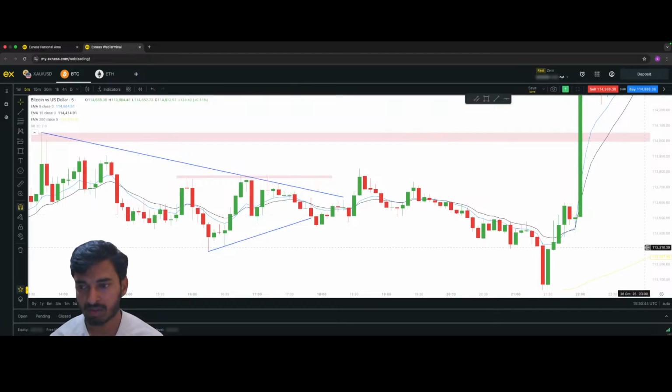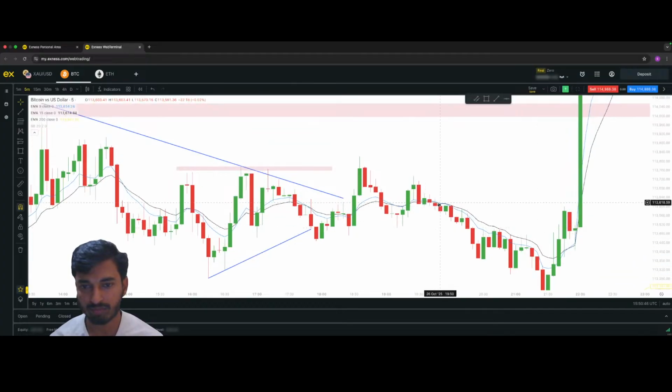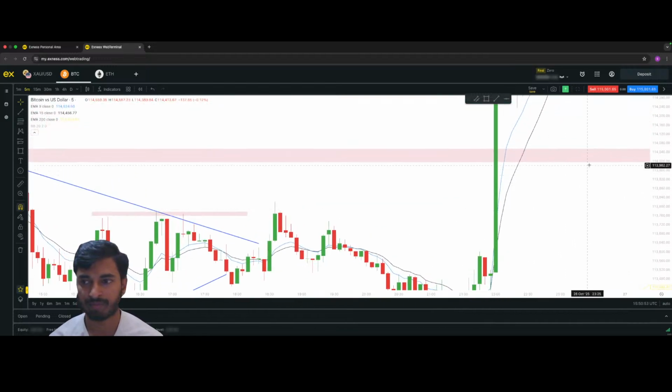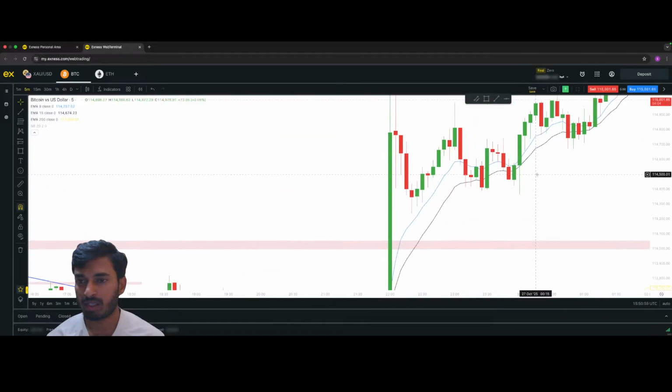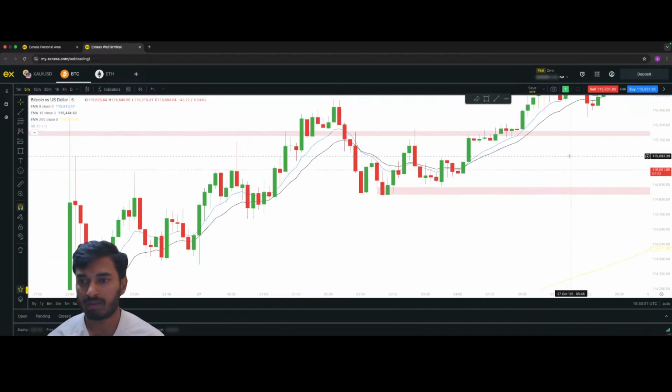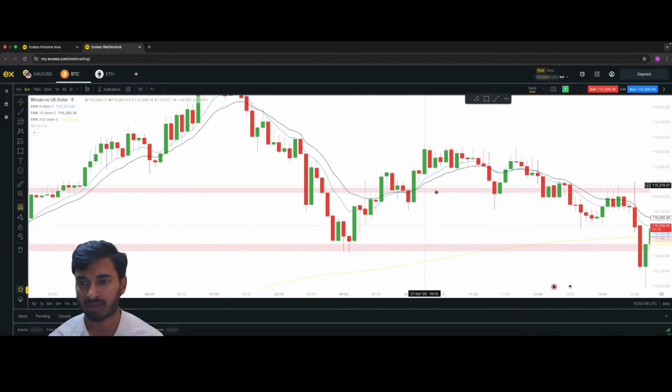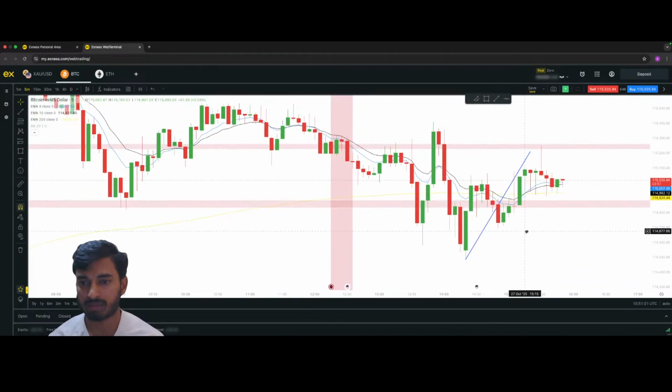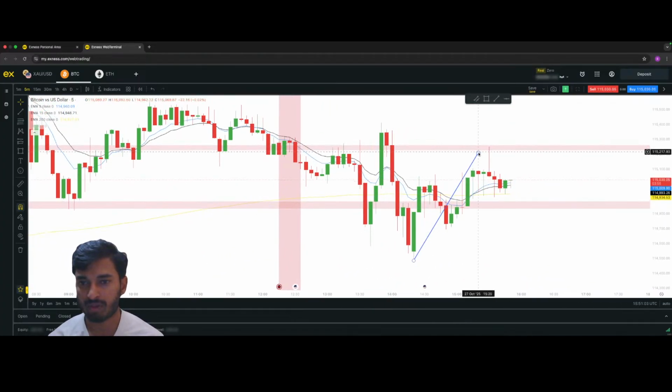If the 9 EMA crosses below the 15 EMA, then the market will be bearish. So today I'm going to take a trade if I get an opportunity. Only when an opportunity comes, not every day.